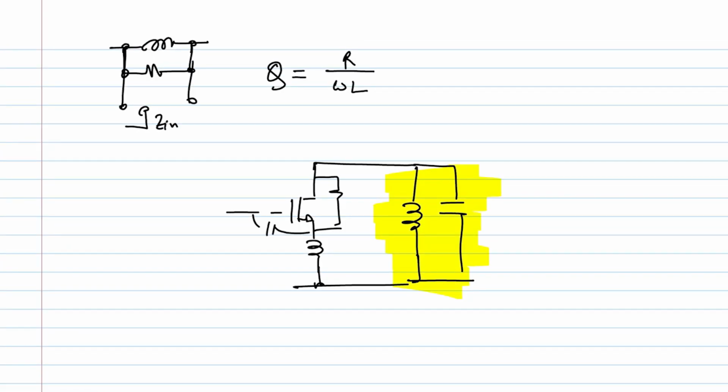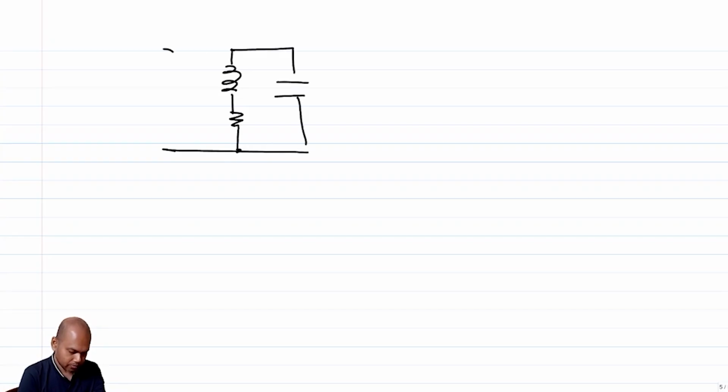So the next order of business is to find out what happens if I have this scenario. What happens if my inductor has a resistance associated with it? The inductor in the tank has a resistance associated with it. Right?